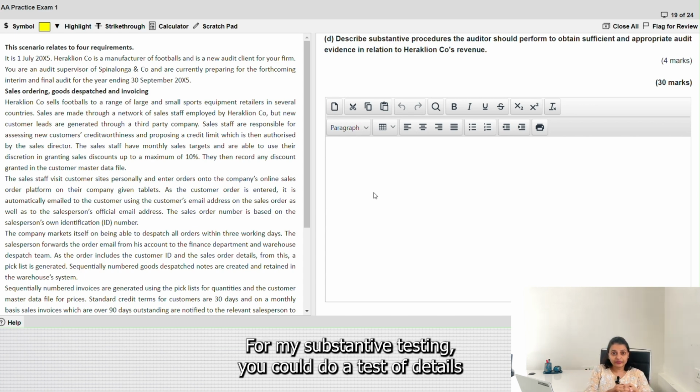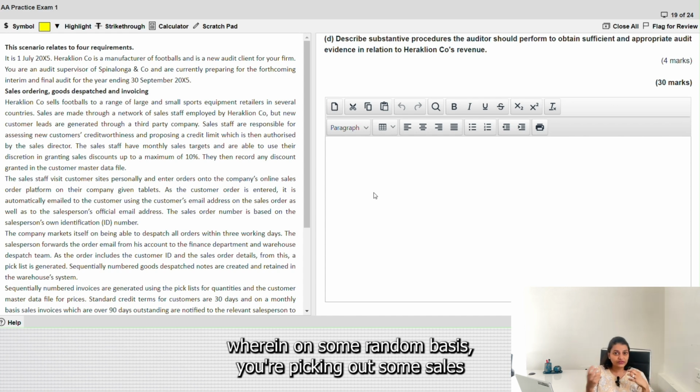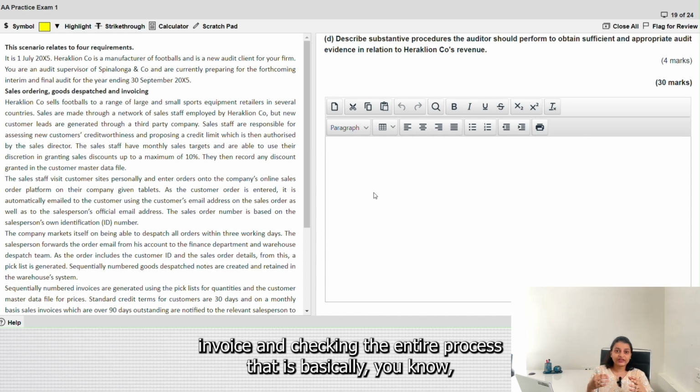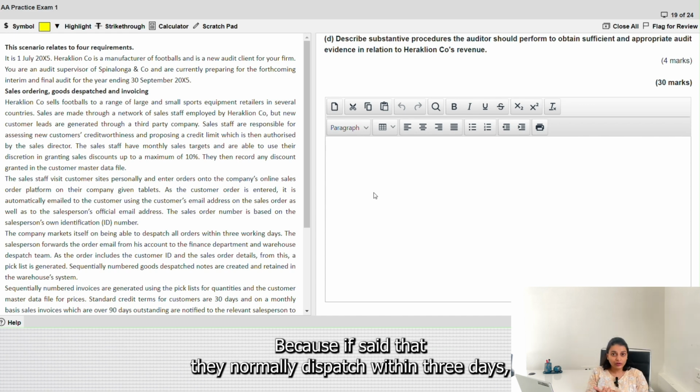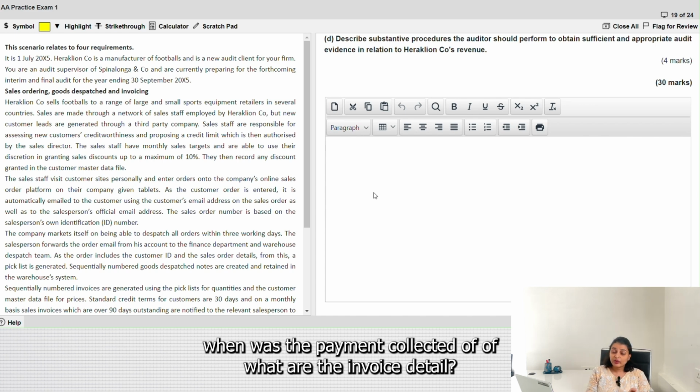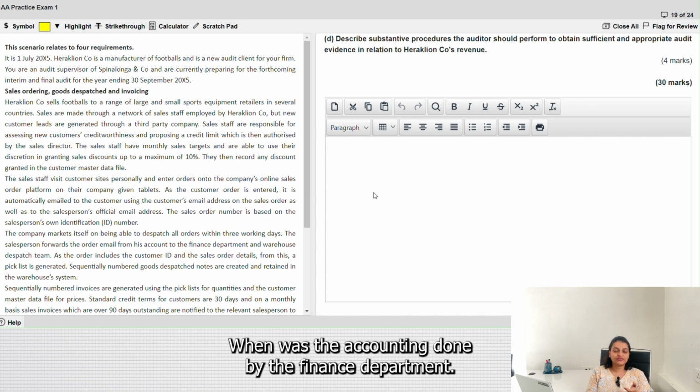Then for my substantive testing, you could do a test of details, wherein on some random basis you're picking out some sales invoice and checking the entire process. That is basically when the sales was done by the sales staff, when was the goods dispatched, because they have said that they normally dispatch within 3 days, when was the payment collected, what are the invoice details, when was the accounting done by the finance department.